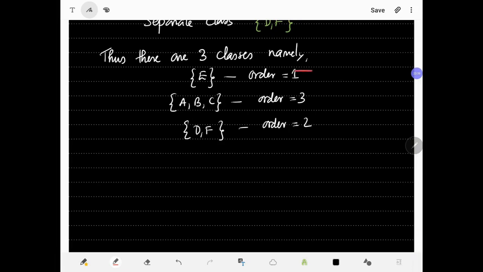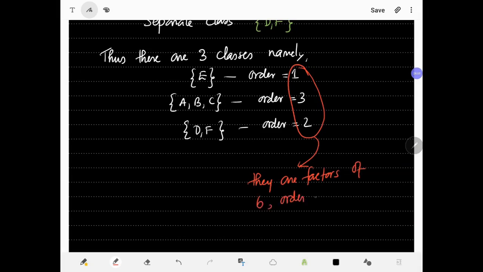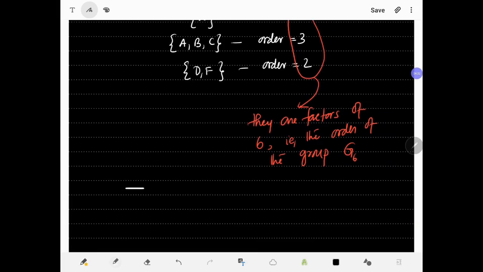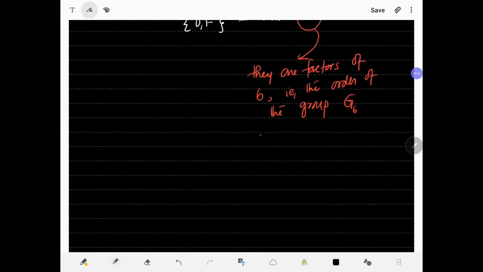Now look at the order of elements. What is the order of the parent group? The order of the parent group is 6. So there are 6 elements. And if you compare the order of the classes, you will immediately see that the orders of the classes are factors of 6, that is the order of the parent group. This is in fact always true for every group and its classes.